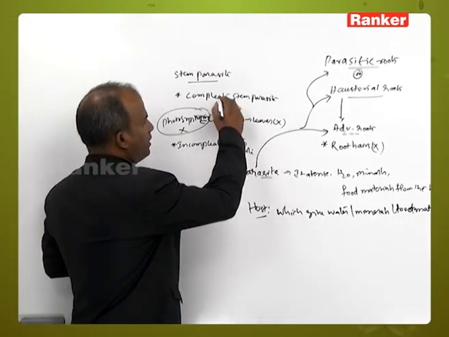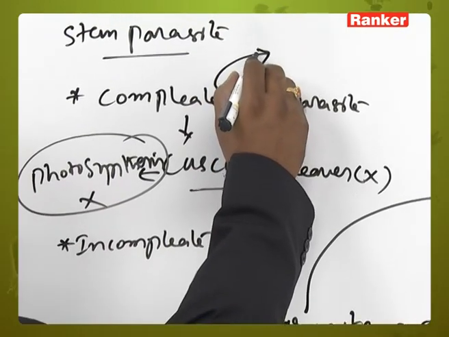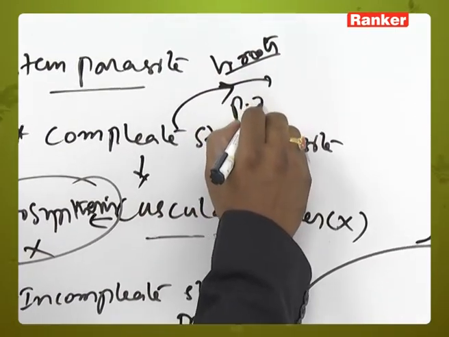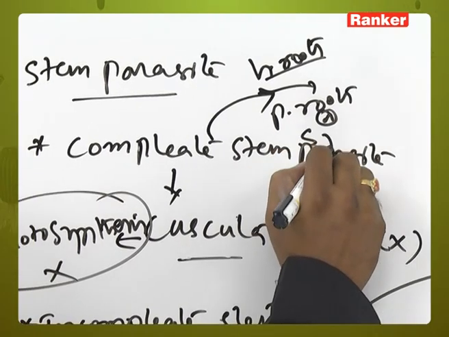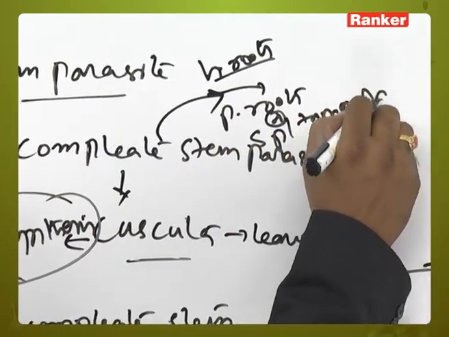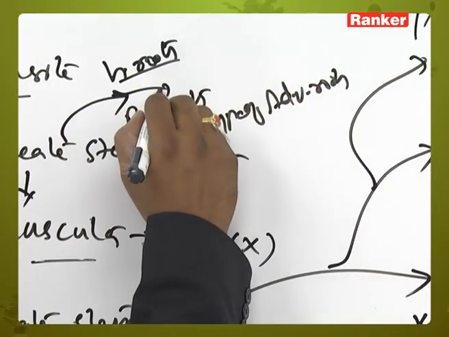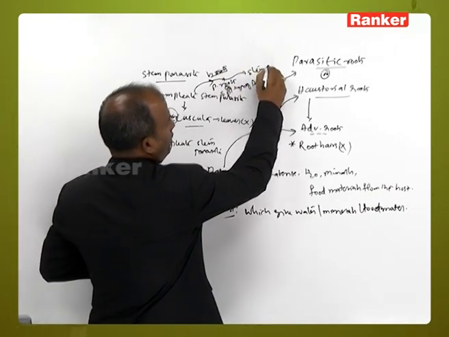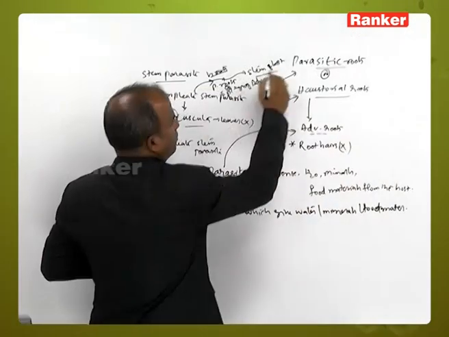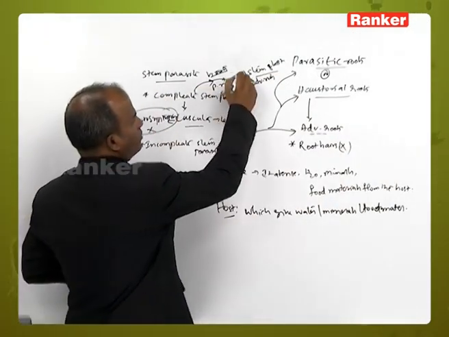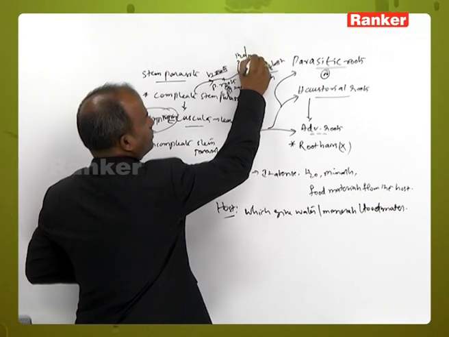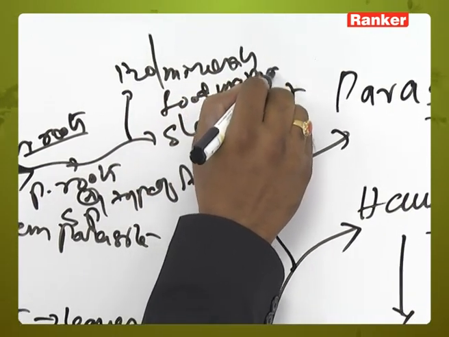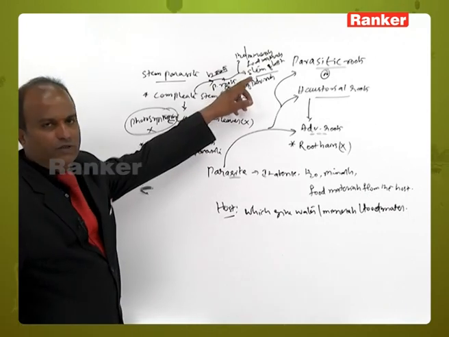That means this complete stem parasite, Cuscuta, penetrates its haustorial roots, which are also called parasitic roots or special type of adventitious roots, into the stem of the host, in order to absorb water, minerals and food materials from the host.